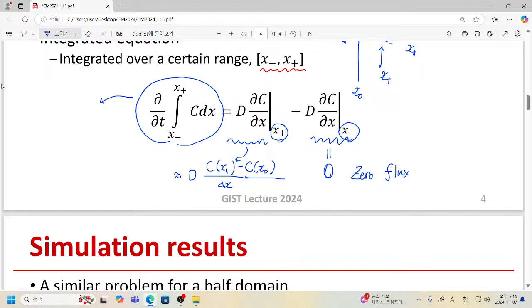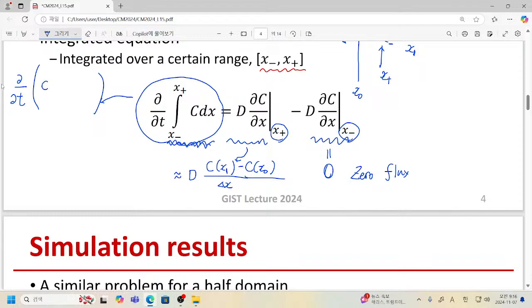So simply speaking, we have a time derivative of a certain quantity, and this quantity means the carrier density, dopant density integrated over our control volume. Then how can you express this integration using discretized quantities?